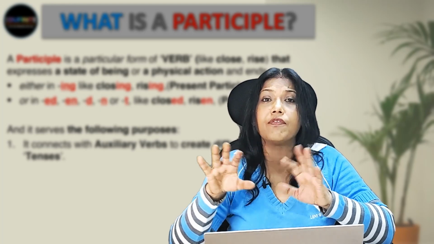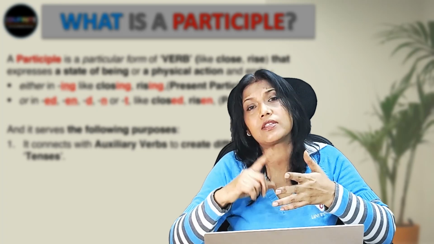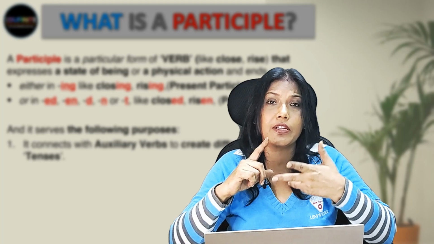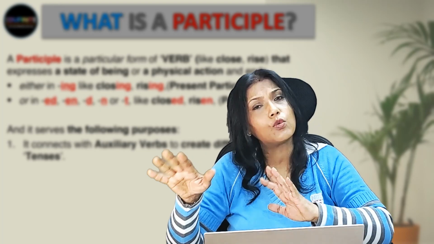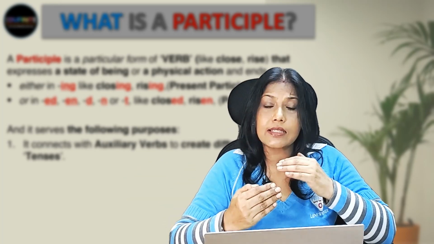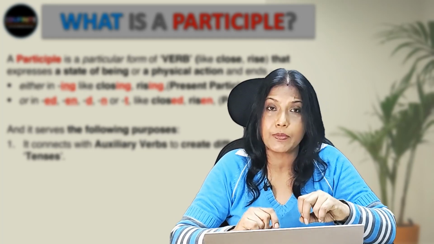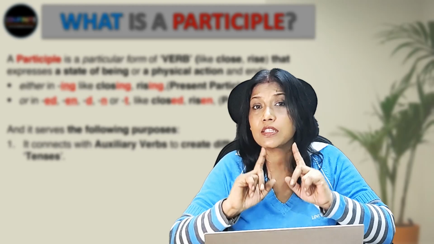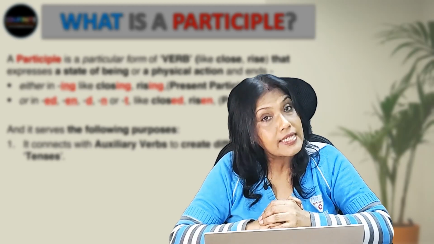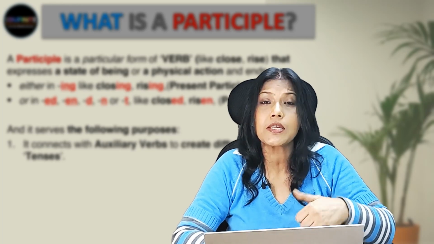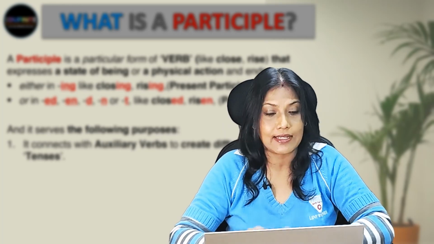In that also we have variations: simple present, present continuous or present progressive, present perfect, and so on and so forth. So these tenses are formed with the help of these participles, and these participles alone can't form the tenses. They have to take the help of the auxiliary verbs and then form the tenses.